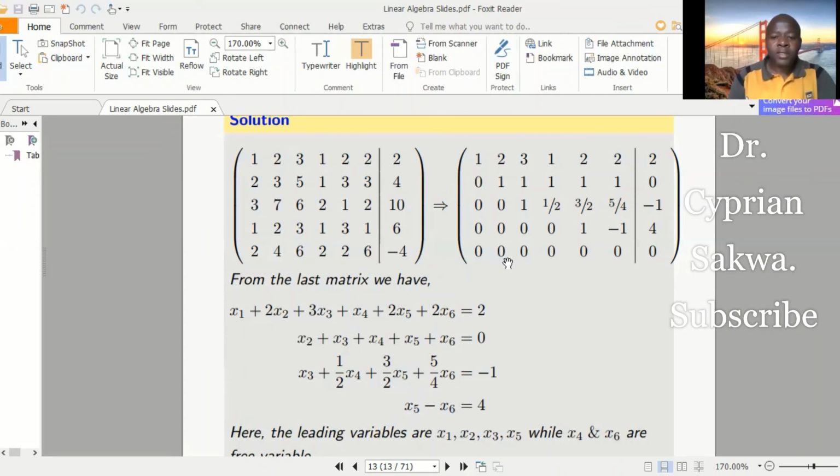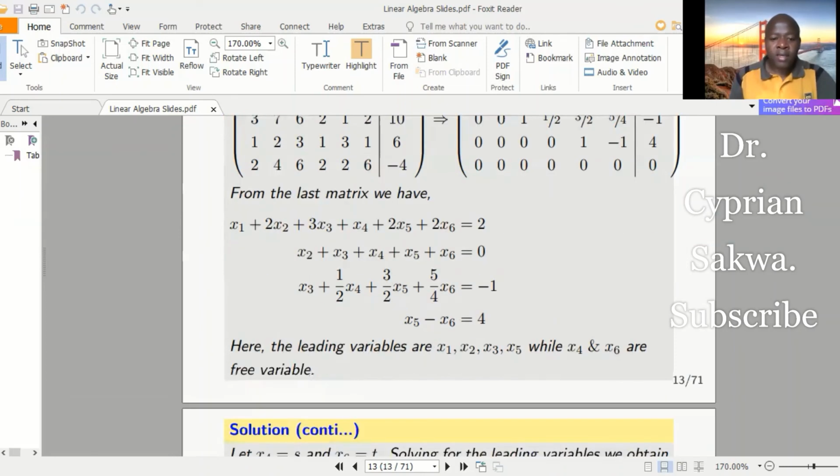And once I say this, I know that I'll be solving the leading variables in terms of the free variables. I can see that x1, x2, x3, and x5 are leading variables, while x4 and x6 are free variables.